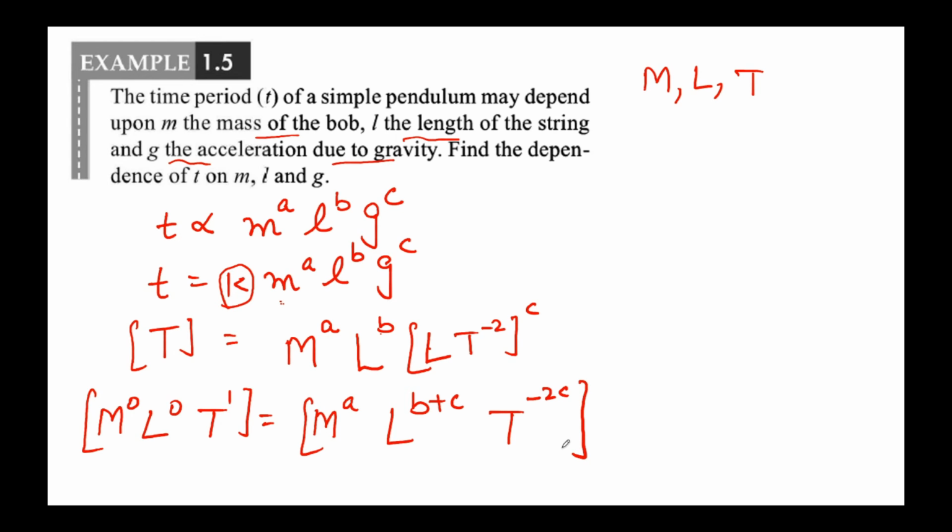Now using the principle of homogeneity of dimensions, the dimensions of all the terms on the left hand side must be equal to those on the right hand side.